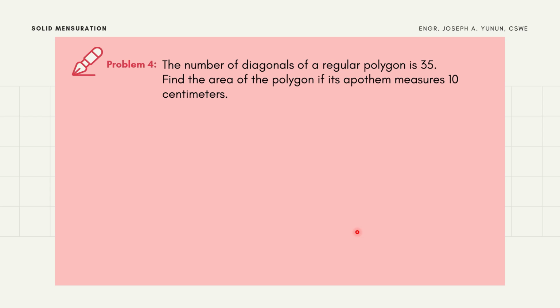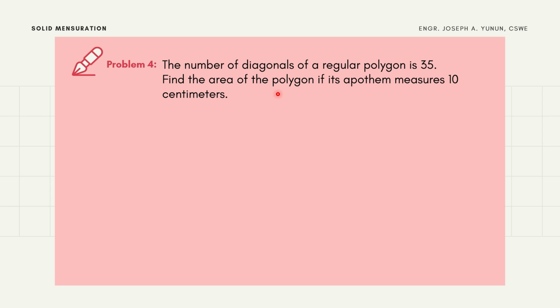Problem 4. The number of diagonals of a regular polygon is 35. Find the area of the polygon if its apothem measures 10 centimeters. If you didn't get what are the given and the unknown or the required, you may need to read the problem one more time.